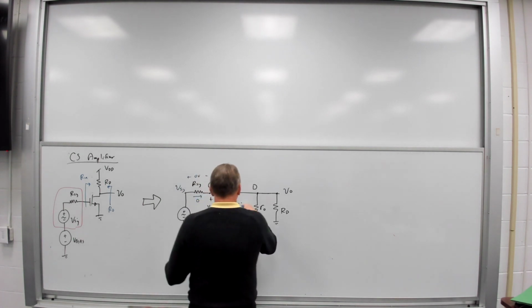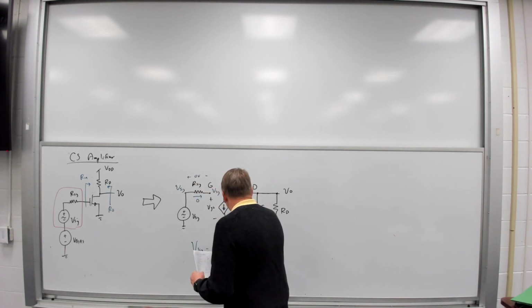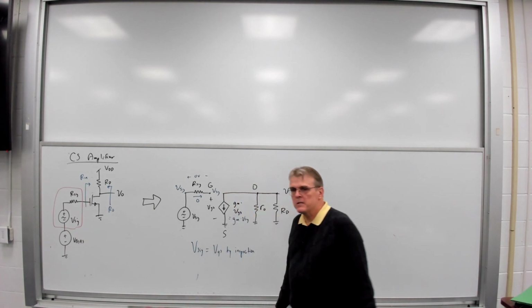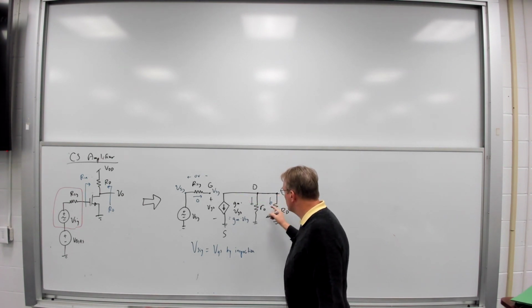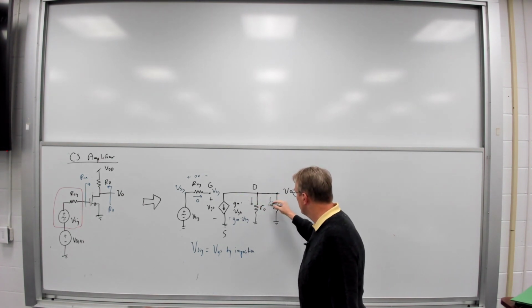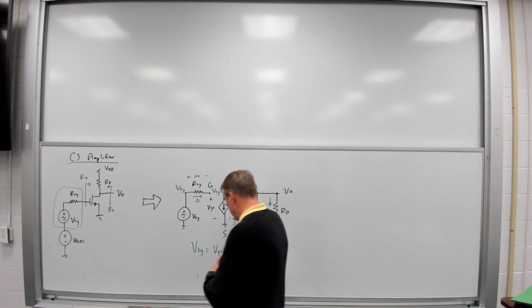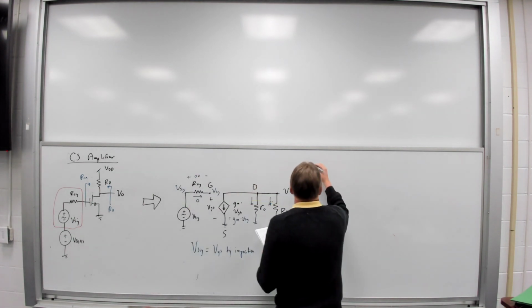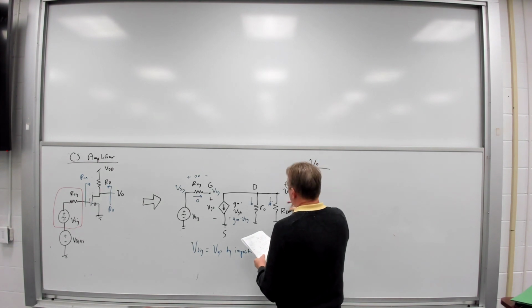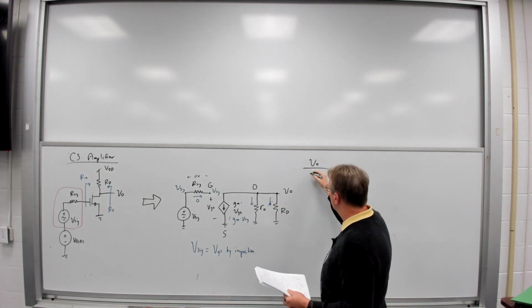Therefore, this g_m v_gs becomes g_m times v_sig. And now I'm going to write a KCL equation at the drain node. And what I get is that v_o divided by r_o in parallel with R_D.